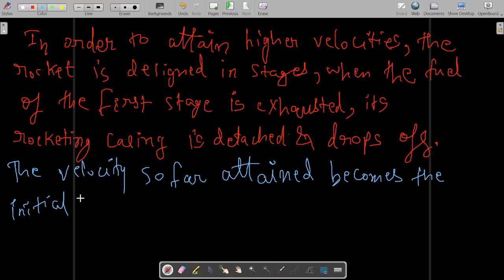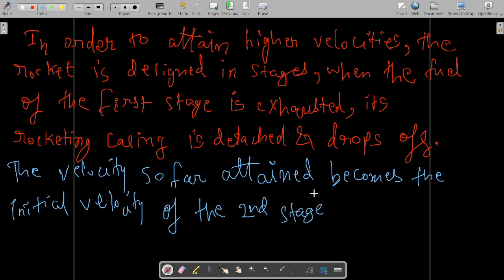So the velocity so far attained becomes the initial velocity of the second stage, which is now ignited.